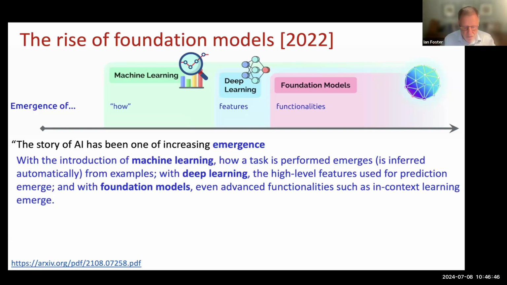Back in the day, before most of us were born, AI was things like expert systems, hand-coded rules that would tell a system what to do under various situations. Machine learning was a major advance.